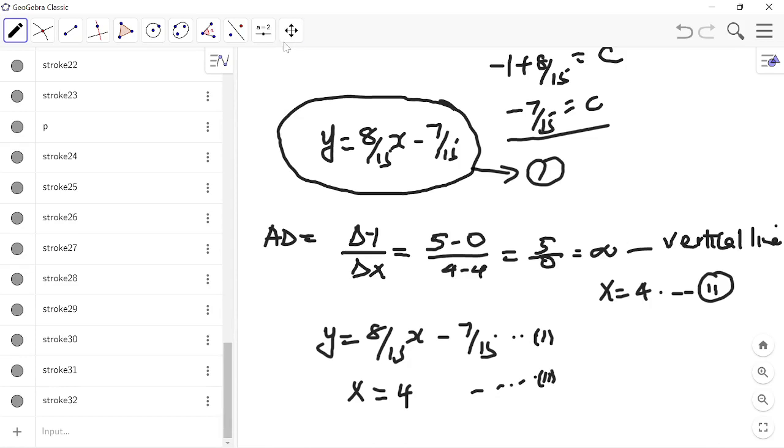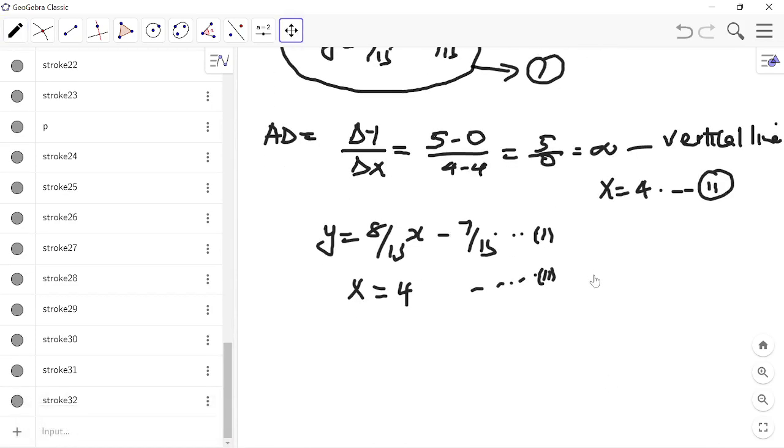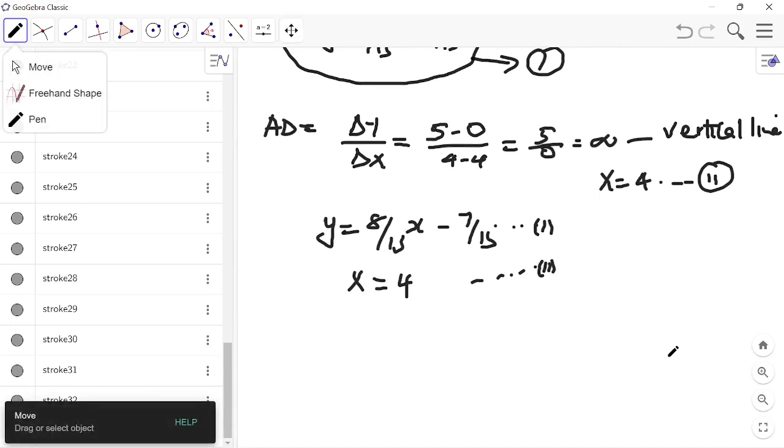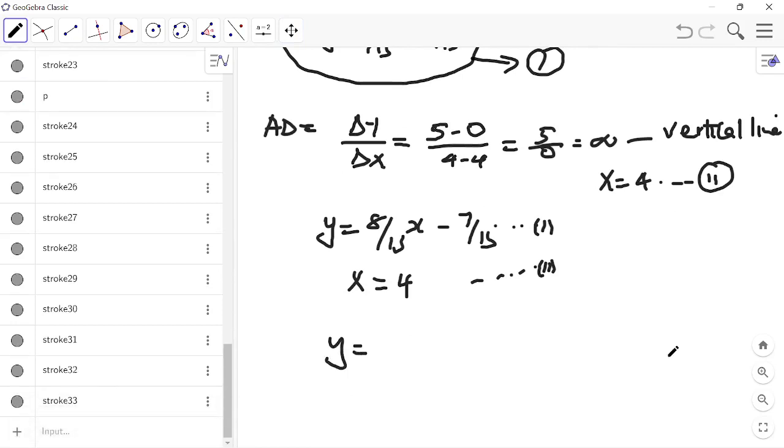So let us substitute and see. We shall get y by saying that y is equals to 8 over 15 times x, which is now 4, then minus 7 over 15.